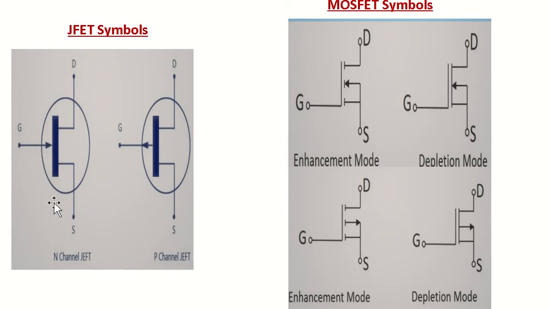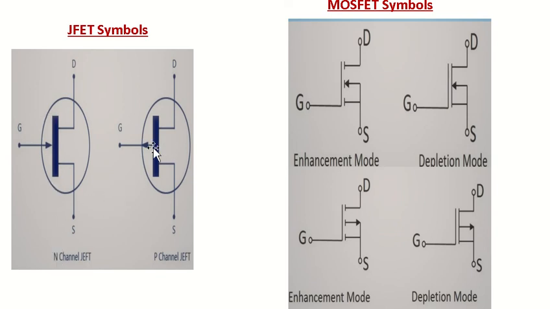Sometimes it may be confusing to make out whether the given JFET is an N channel JFET or a P channel JFET, so I am going to tell you one tricky way to distinguish between them. If the arrow mark is towards the gate terminal, then we can say this is N channel.